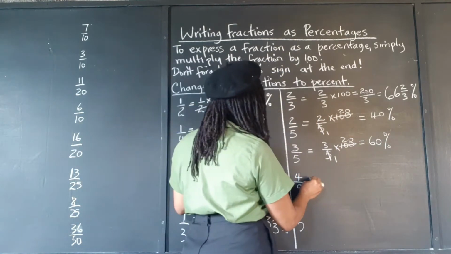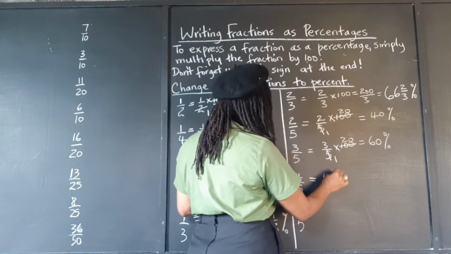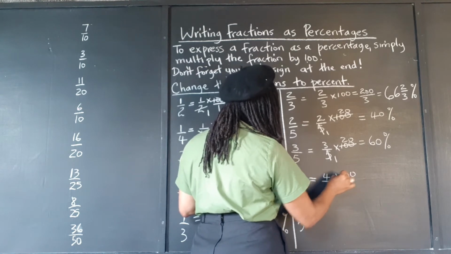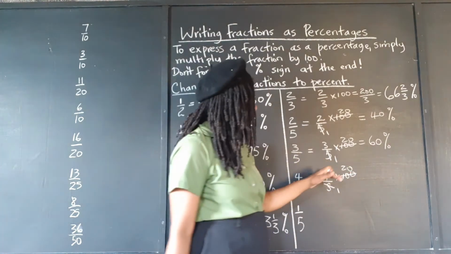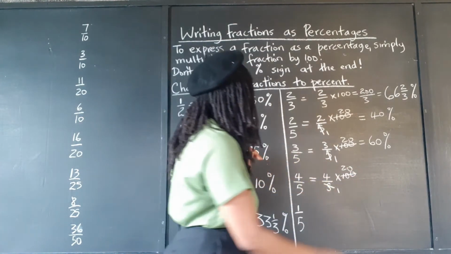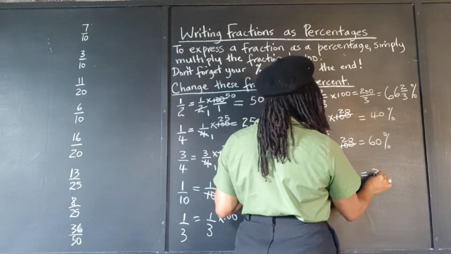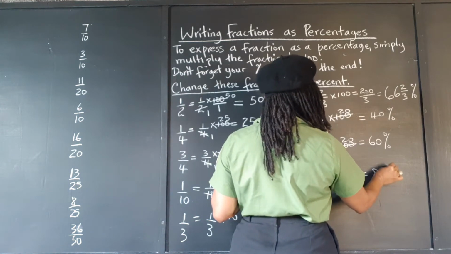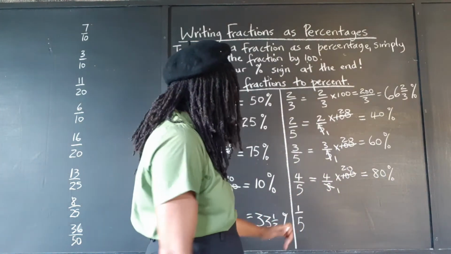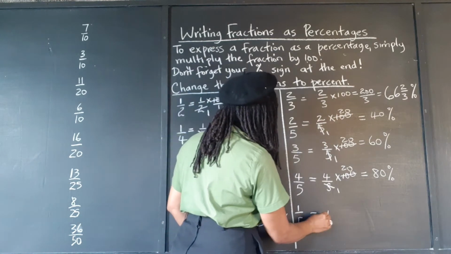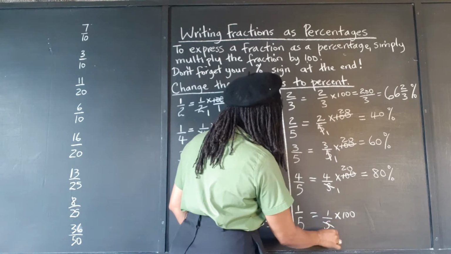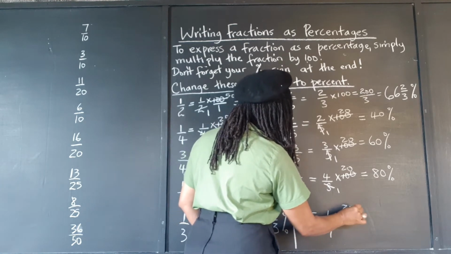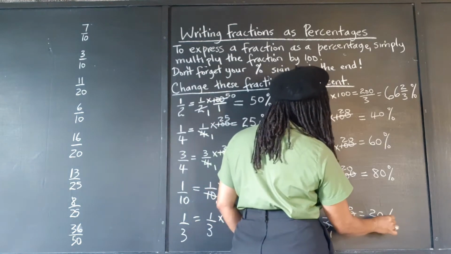4/5, so we're going to be dividing by 5, and we know that 5 goes into 100 20 times. So all we're left to do is multiply the 4 times the 20. 4/5 is 80%. 1/5 then, same pattern. 1/5, 5 goes into 100, and 1 times 20 is 20. 1/5 is 20%.